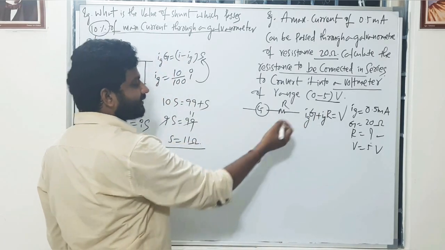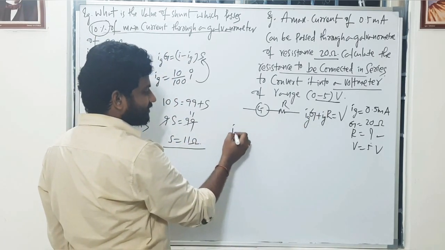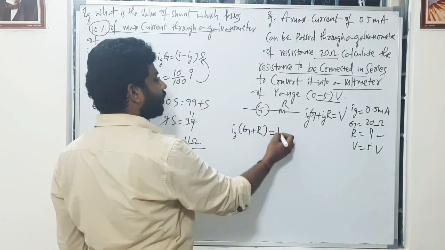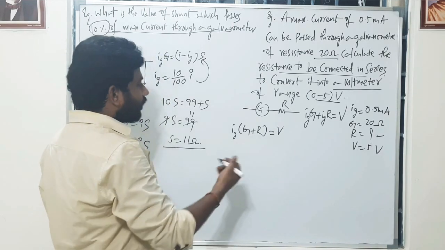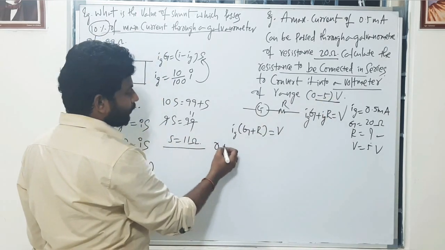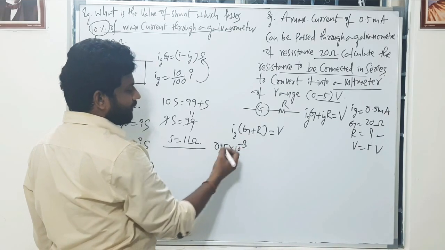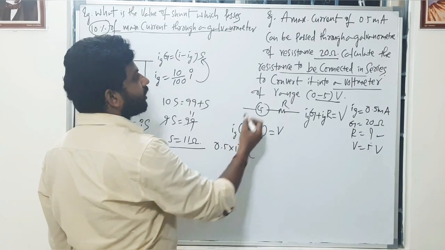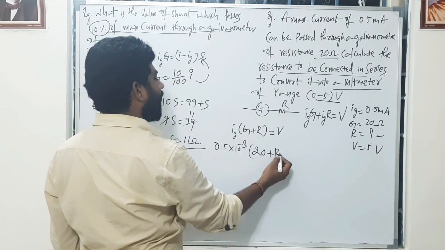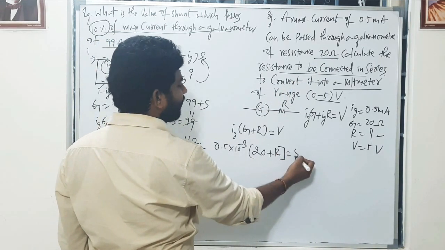Okay, so let's write Ig into G plus R, which is equal to V. Right? So let's write everything. How much is Ig? 0.5 into 10 raised to minus 3 into the galvanometer resistance 20 plus R, which is equal to V. V is 5.